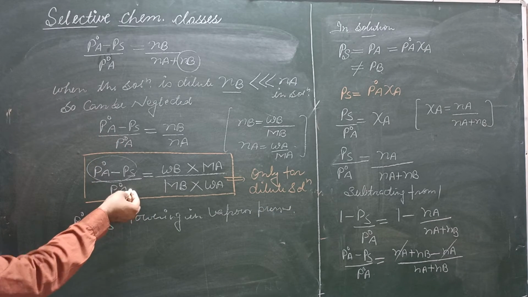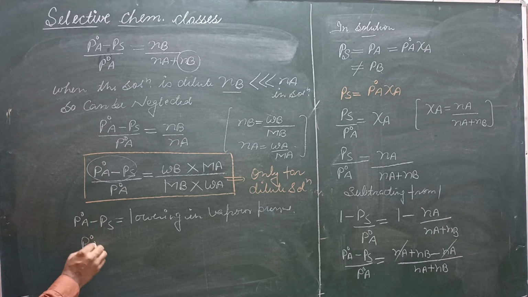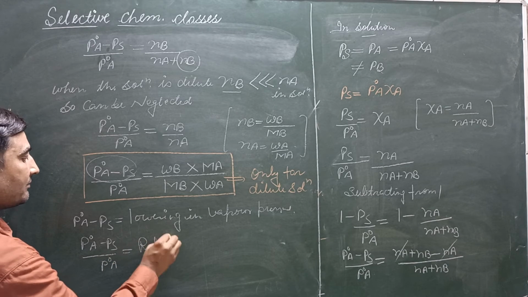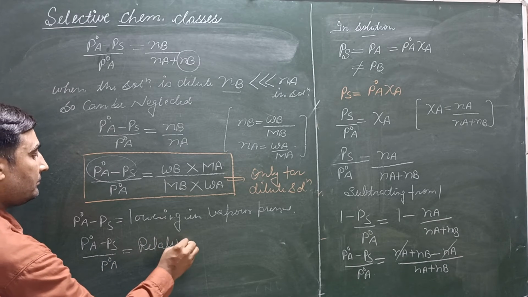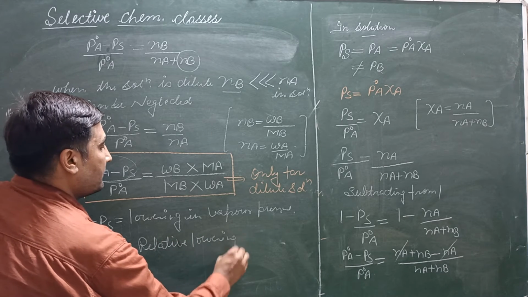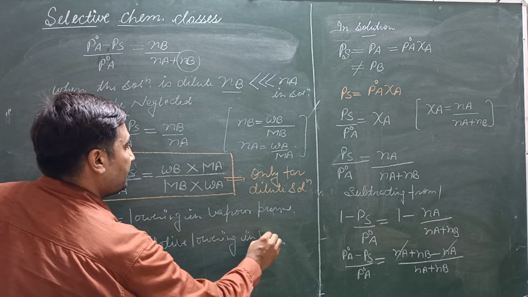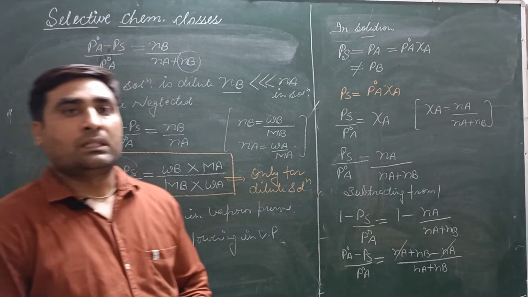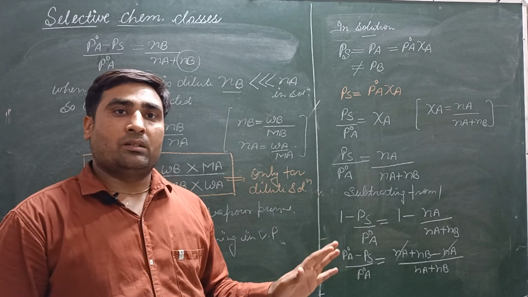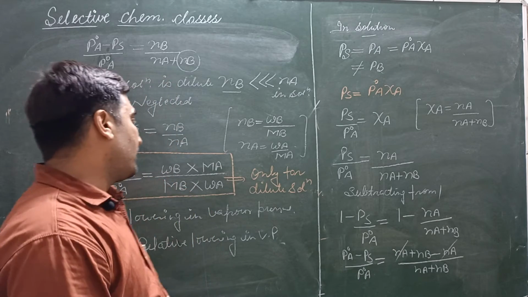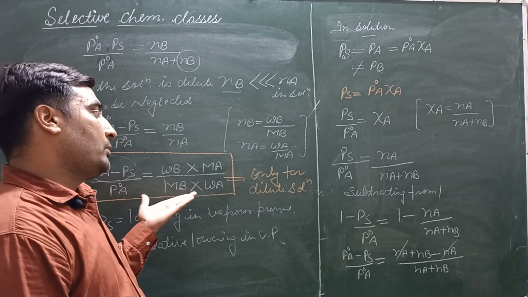This term P naught A minus PS by P naught A will be relative lowering in vapor pressure. So to solve the problems of colligative property, relative lowering of vapor pressure, we can apply this particular formula.